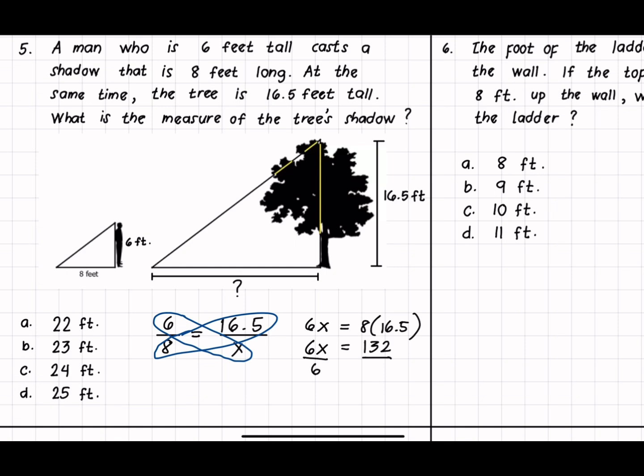Divide both sides by 6. And 132 divided by 6 is 22. So it means that the measure of the shadow cast by the tree is 22 feet, which is letter A.